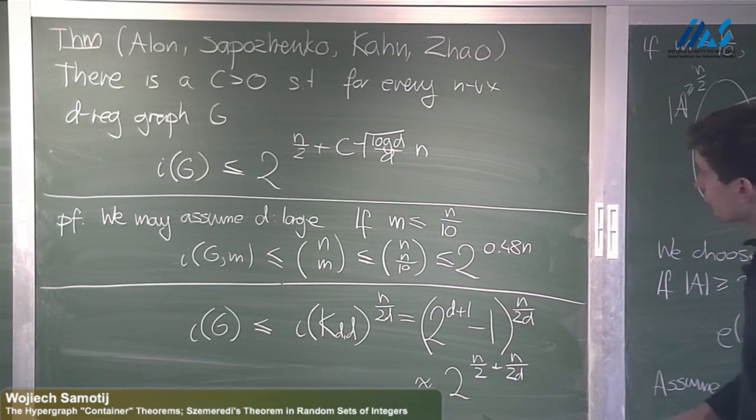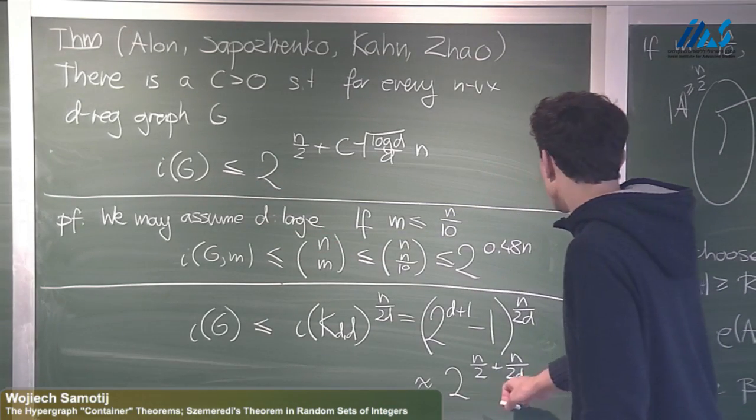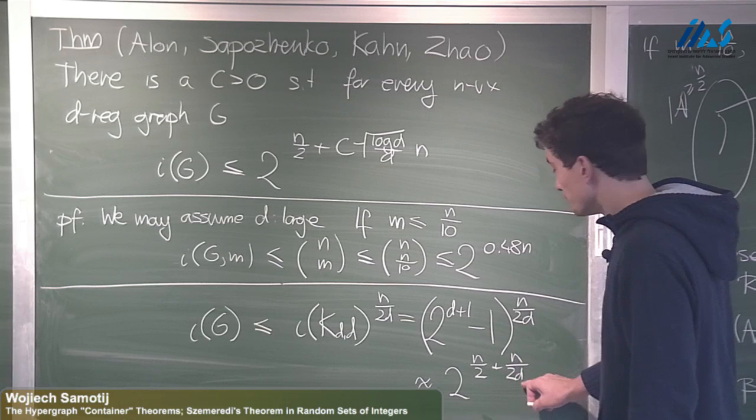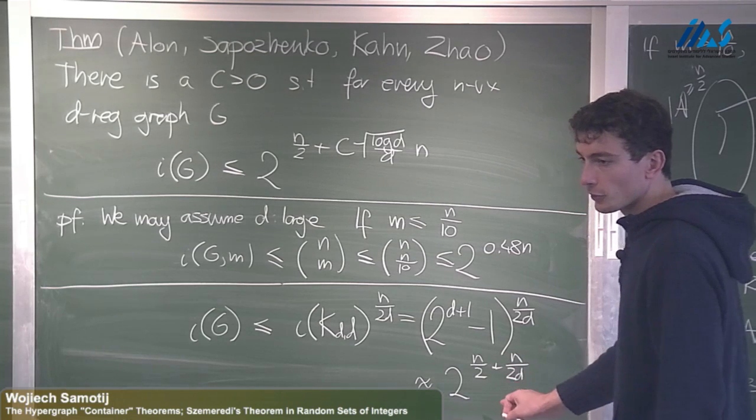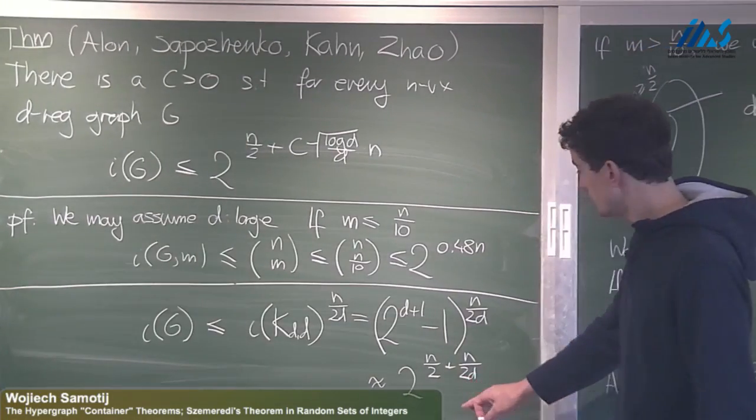Now, if you push this argument, then you can get a bound with this n over 2d replaced by n log d over d times some constant. So you can get pretty close, but not quite there.